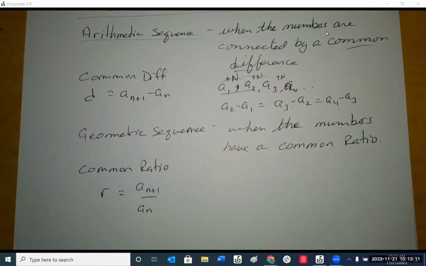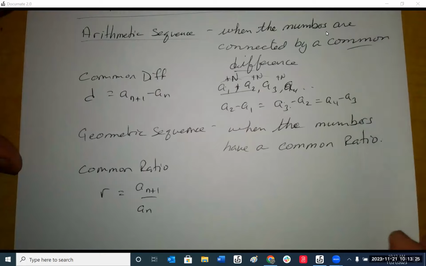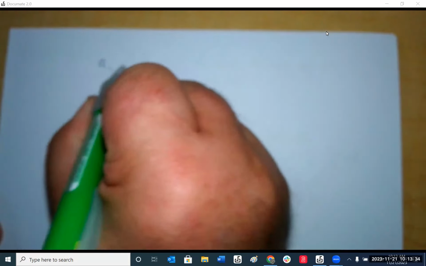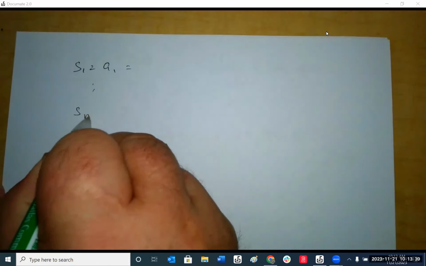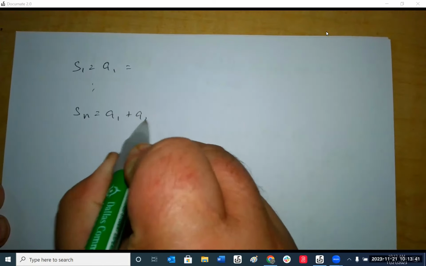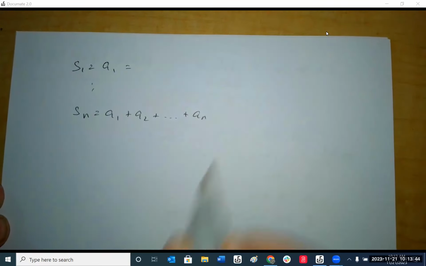All right. In the summation of all these, if we were to add up, so I said S1 is equal to A1, and so S sub n equals A1 plus A2 all the way up to A sub n.